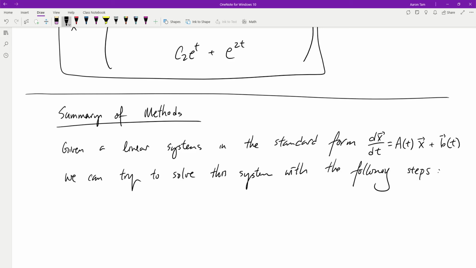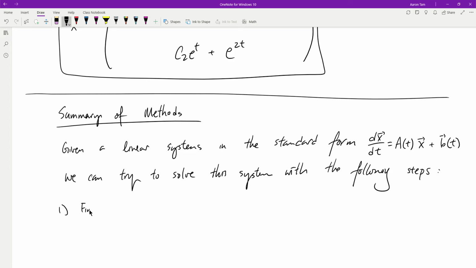So the first one we're going to do is this. If vector b of t is not the zero vector, then that will imply that what we have is a non-homogeneous system. So if that's the case, then we're going to have to try to solve for two things: the homogeneous solution and the particular solution. So let's start with the first step.